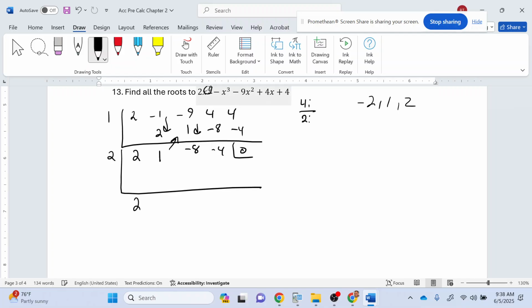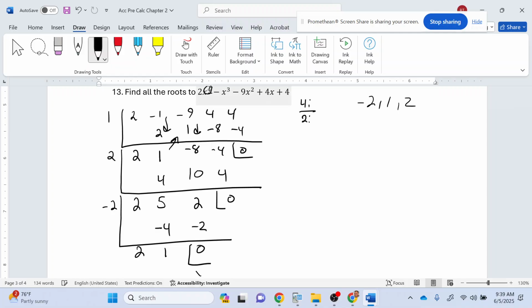So 2 times 2 is 4. 4 plus 1 is 5. 5 times 2 is 10. 10 plus -8 is 2. 4. Not that well. Let's keep going, right? And then I'm going to plug in this one, which is -2, right? 2, -4, 1, -2, 0.